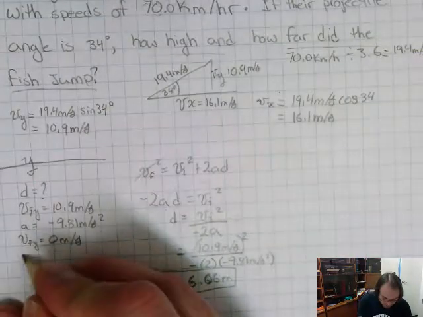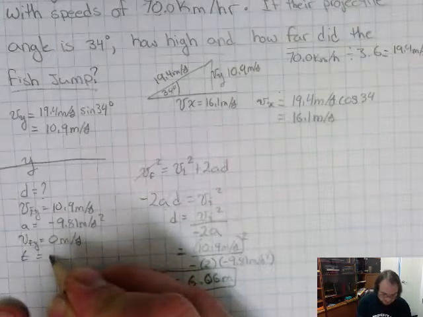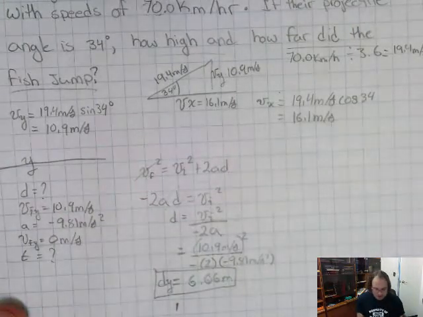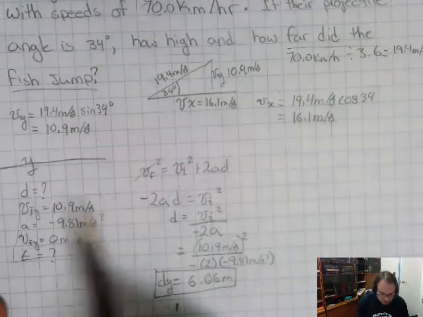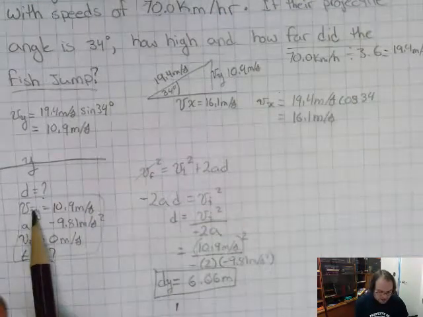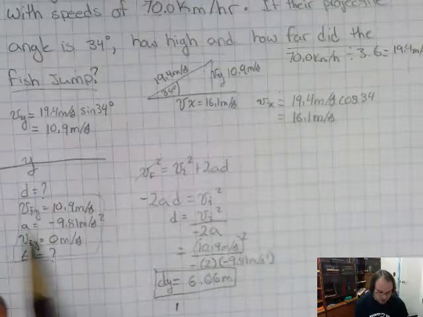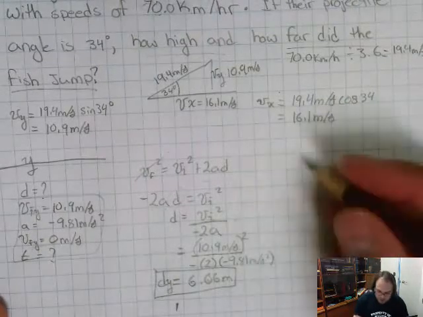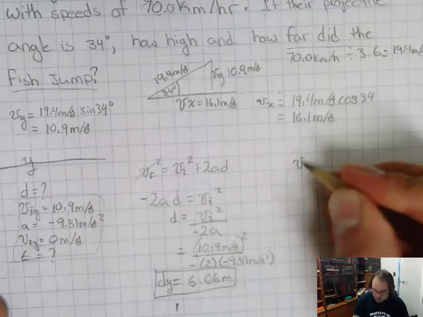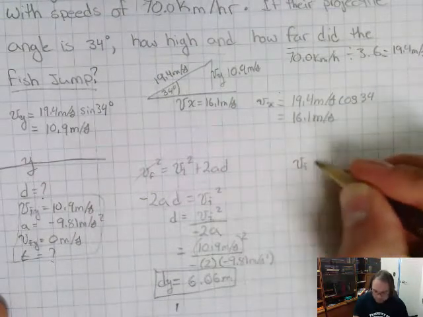So let's now look at my time. We want to figure out here what my time is. Looking at time, we have these 4 components: initial velocity, acceleration, final velocity, and time. For this one, I'm going to be using this equation from our formula sheet.